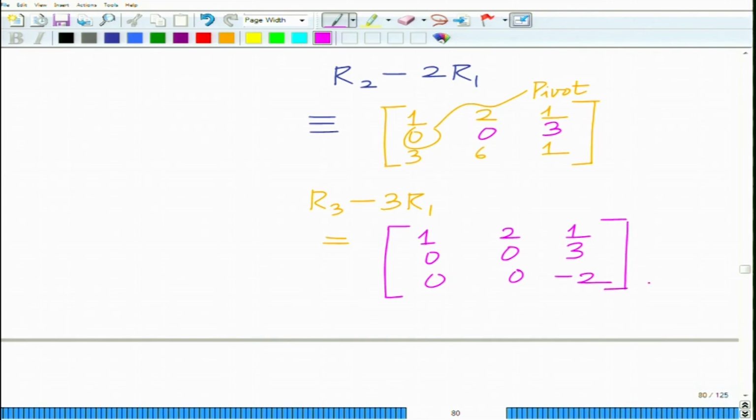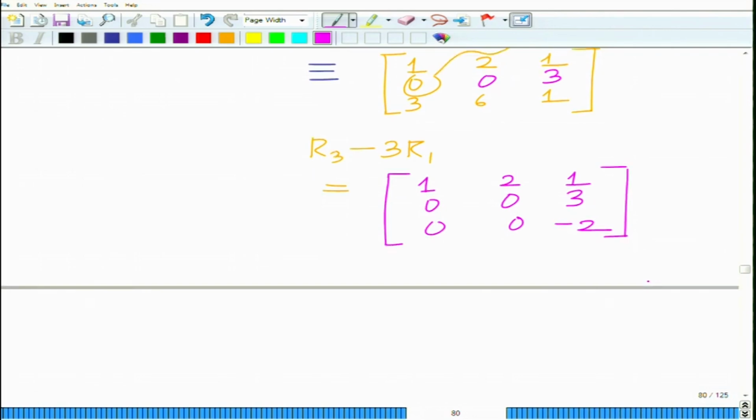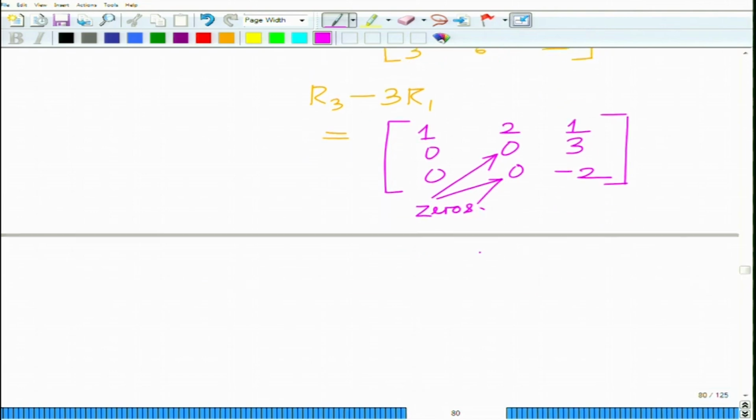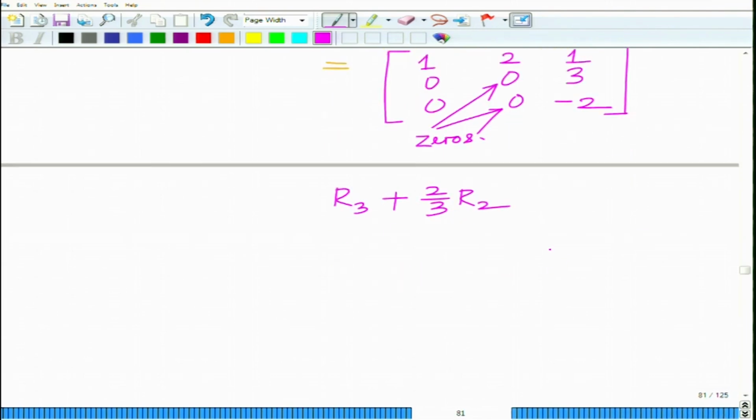And now you can interestingly see that all the possible pivots in the second column are also 0. So, these entries which can be used as possible pivots are zeros. And now we perform R3 plus 2 by 3 R2, and that gives us something interesting.